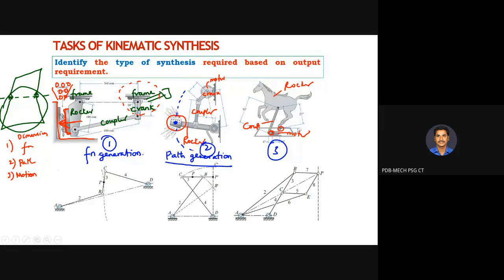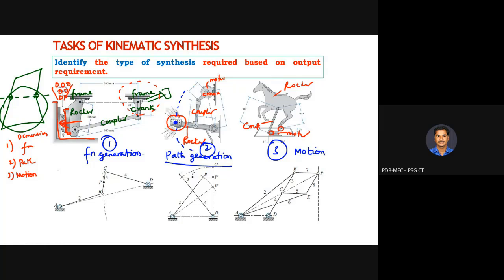Third one. Motion generation. Which one, pa? Motion generation. Very good. Why? It is correct. Because the rocker has to be in motion, sir.